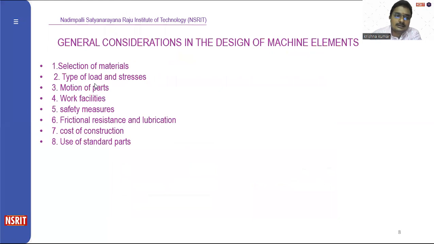Okay, so as we have seen, some of the general considerations for machine elements are, first, the selection of materials by the design engineers, and the types of loads and stresses acting.